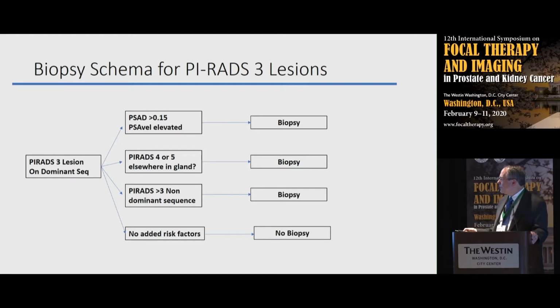And if you have a PI-RADS greater than 3 on one of the non-dominant sequences in the same lesion, that's pushing you towards a biopsy. And so in general, because we have a higher risk population, we tend to end up doing a fair number of biopsies on PI-RADS 3 and not dismissing them, even though, if we had a lower risk population, we wouldn't.